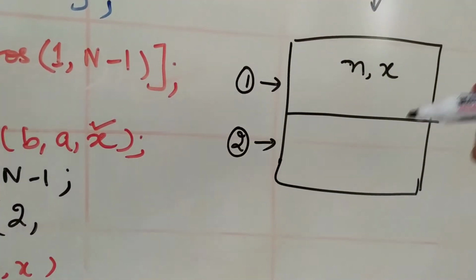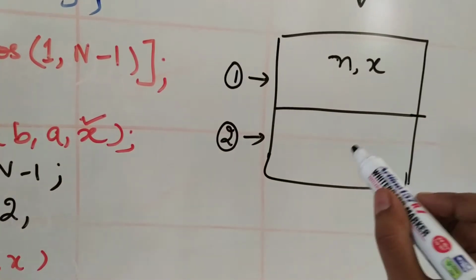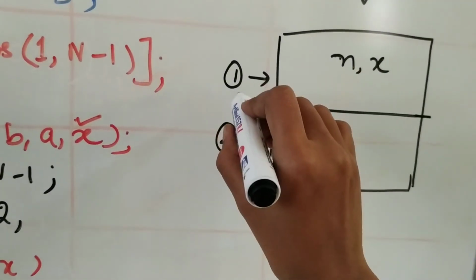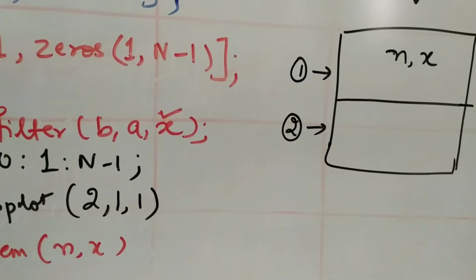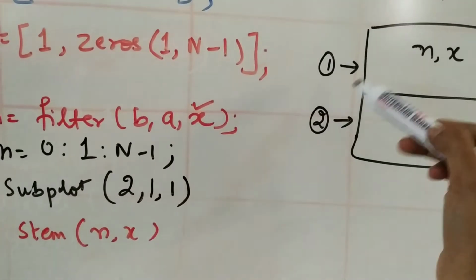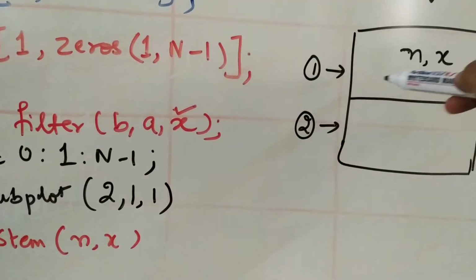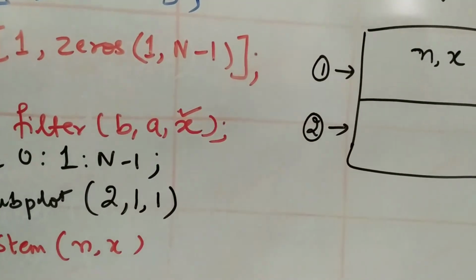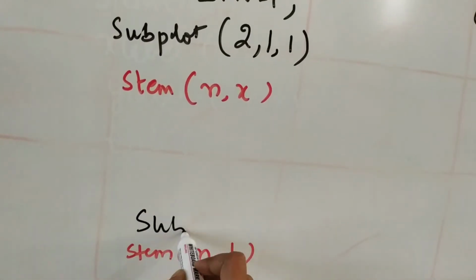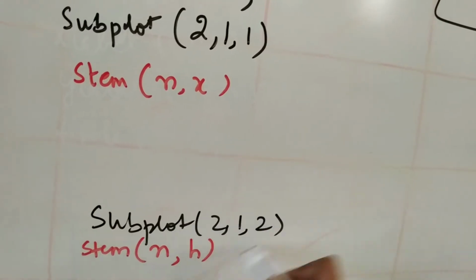So we are supposed to write it as subplot of, totally it is two graphs, comma 1, 1. So this is subplot 2 graphs 1 comma 1. One column, one row. Second time, one more subplot we have to declare here. That is 2 comma 1 comma 2.